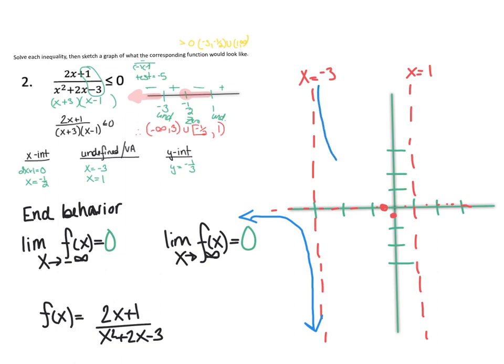So I'm going to say it does something like this. And to the right of 1, it's positive again. So my function is going to look like this, which you gotta admit is a pretty cool rational function.